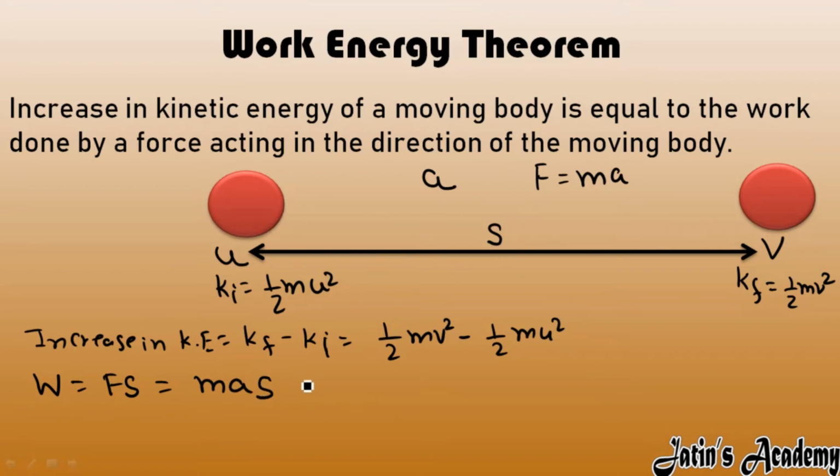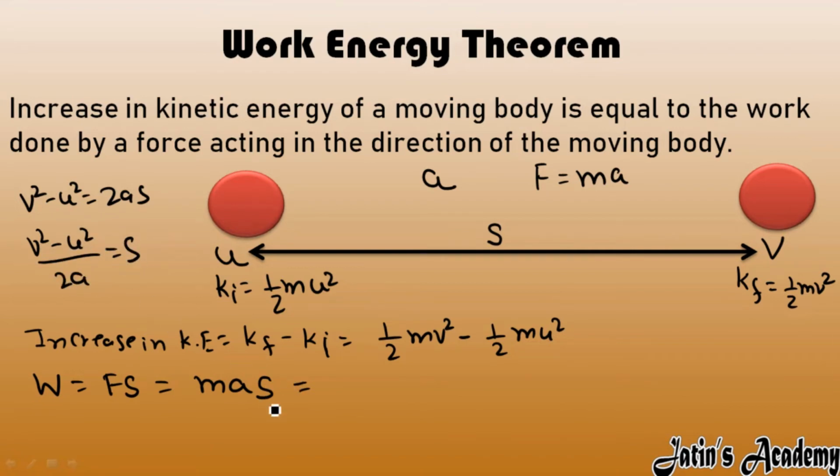Now from the third equation of motion, v square minus u square equals 2as. Here v is the final velocity, u is the initial velocity. So from here let's calculate the displacement: s equals v square minus u square by 2a.